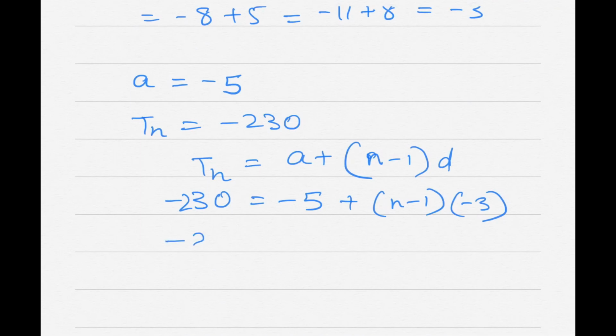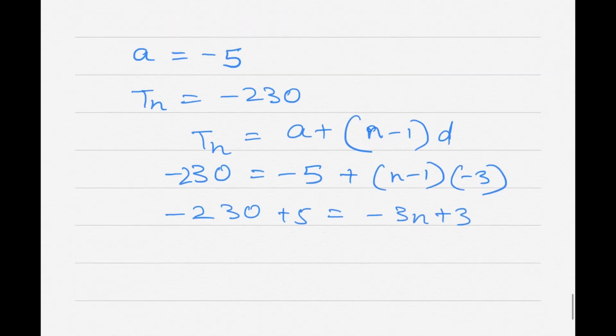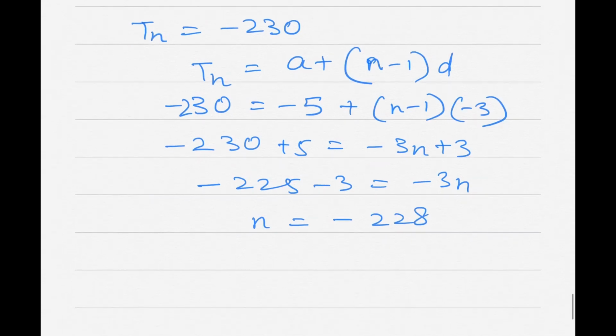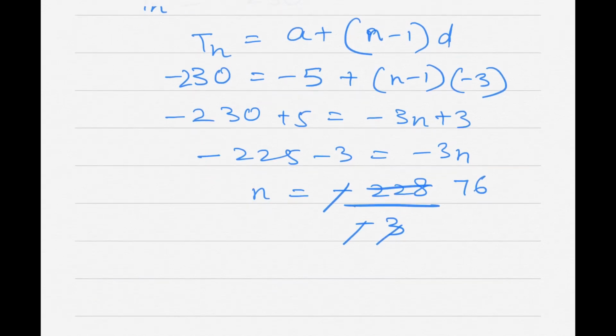Now minus 230 plus 5 is equal to minus 3n plus 3. Okay, so this I get as minus 225 minus 3 is equal to minus 3n. So n is equal to minus 228 divided by minus 3. Minus minus goes, 3 7s and 3 6s. So n is equal to 76 here, right?